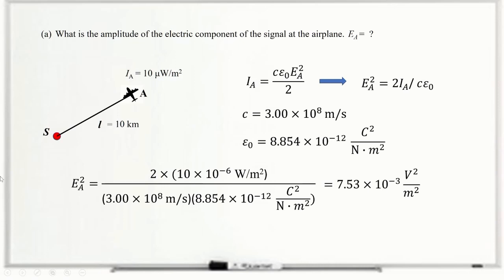The last step, we take square root from the left hand side and right hand side of this equation and get the answer in a simple form using prefixes. 87 millivolt per meter. This is the amplitude of electric field at the point of location of airplane.